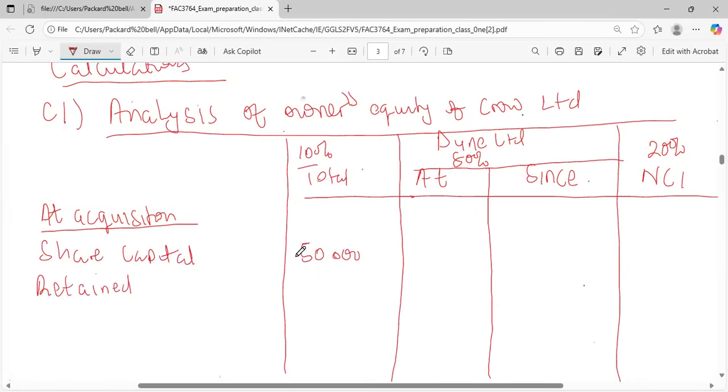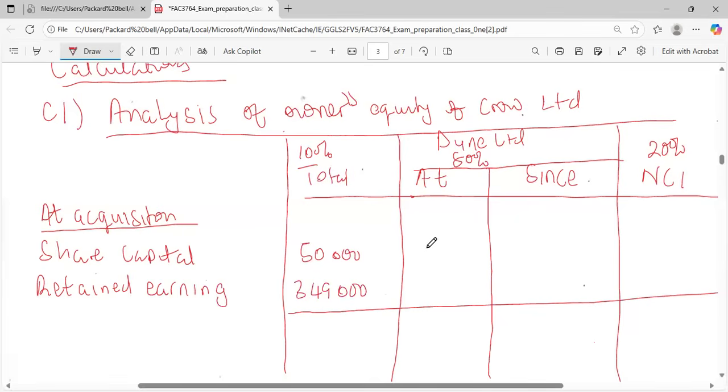The reason why we want this is we want to determine when they purchase, do we have goodwill or gain on bargain purchase? Because the difference between the value of equity at acquisition and the consideration that was paid is going to give us goodwill or gain on bargain purchase.